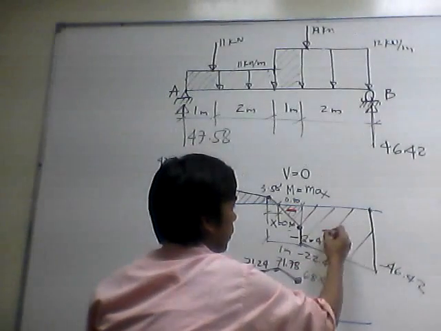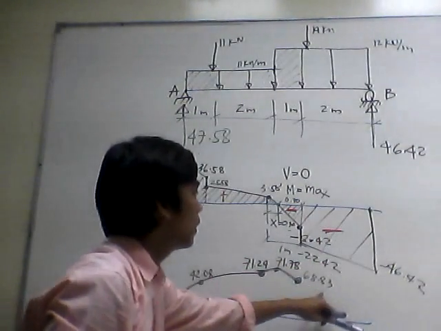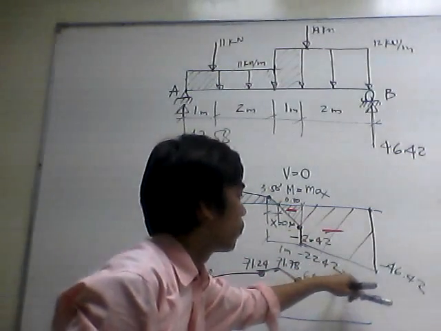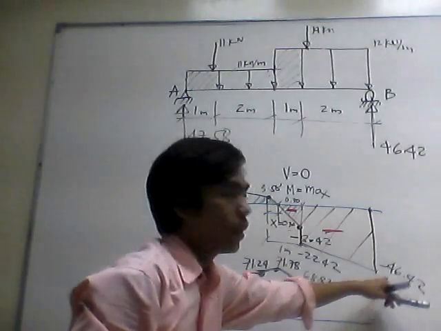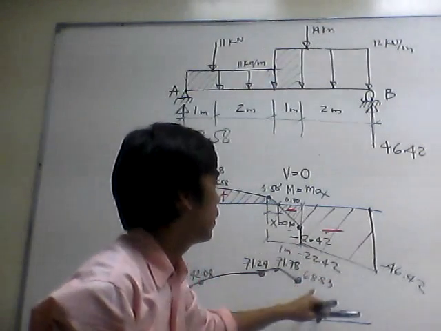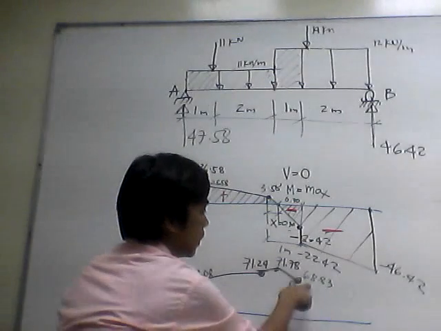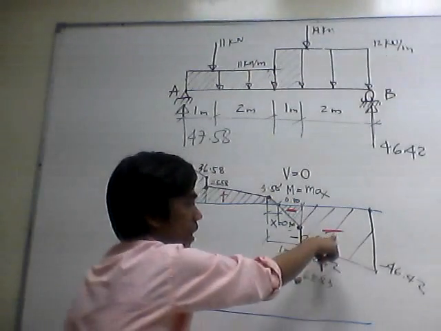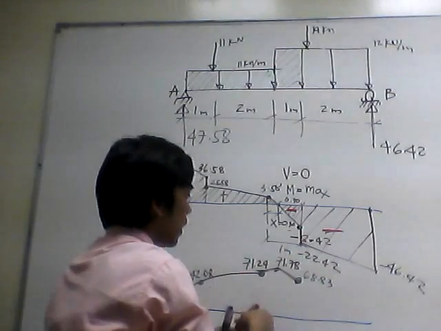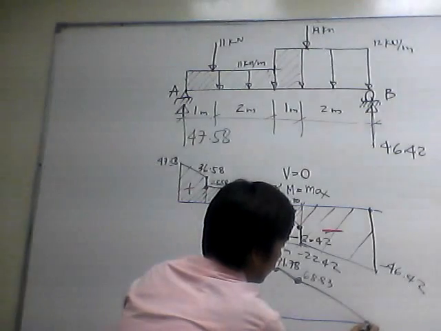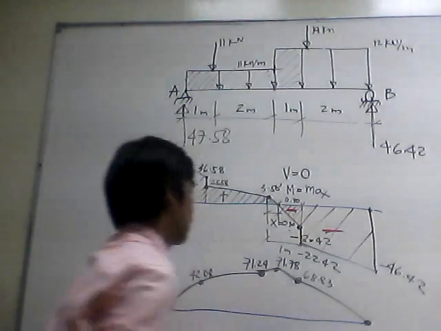Again, this is a negative area. So 68.83 minus this area. We have 22.42 plus 46.42 times 2 divided by 2. That will give you 68.83. So 68.83 minus 68.83 will give you 0, closing the moment diagram at this point.